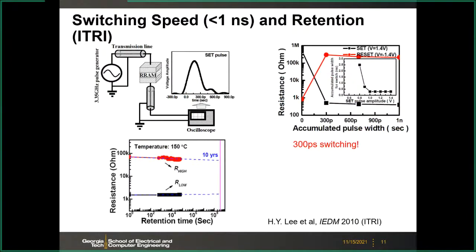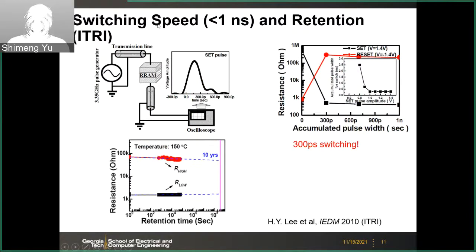And also here, the switching speed can be monitored by shrinking this pulse width applied to the cell. So here there are some sophisticated test setups to apply less than 1 nanosecond pulse to the device, because below 1 nanosecond, you have to really deal with those parasitics in the testing setup.